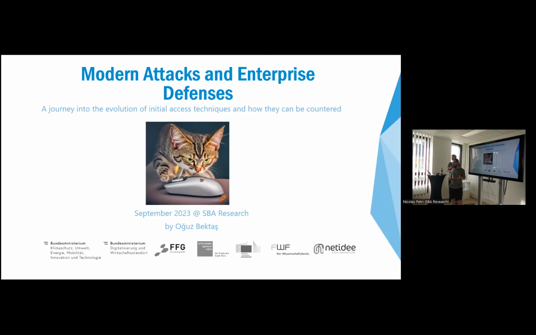This will include a journey of how initial access techniques, mostly phishing, evolved in the last couple of years, and what the countermeasures are to detect and respond to them and to improve your company security. Thank you. The exact date is not scheduled, but it will be announced on the Meetup page again.